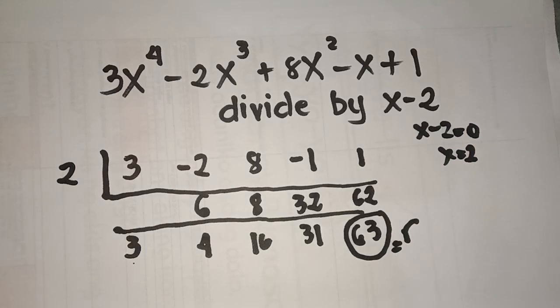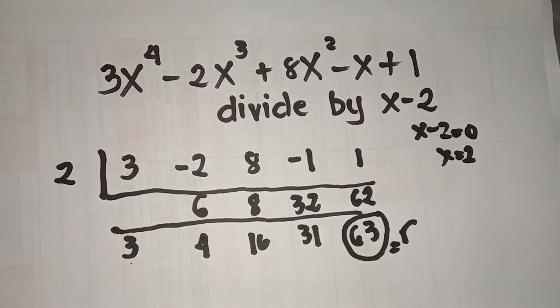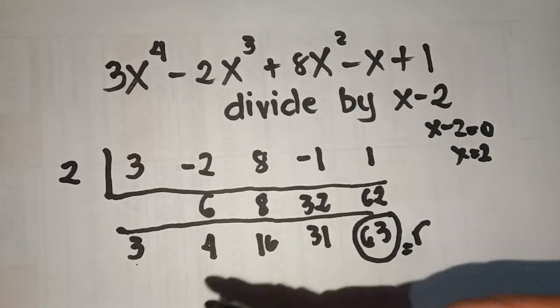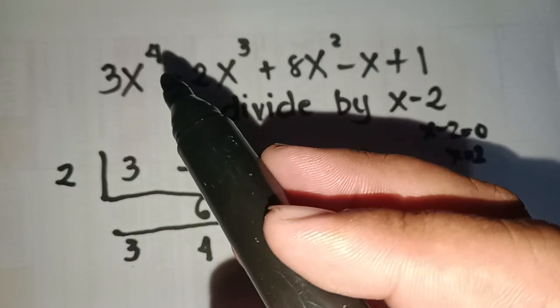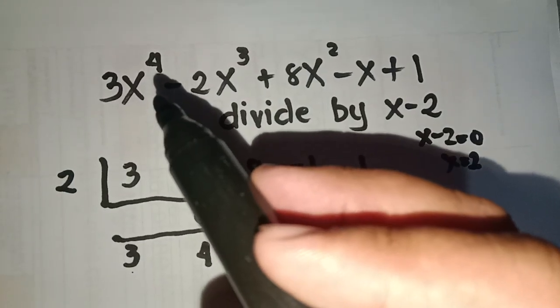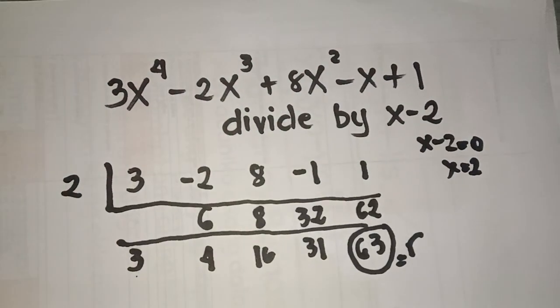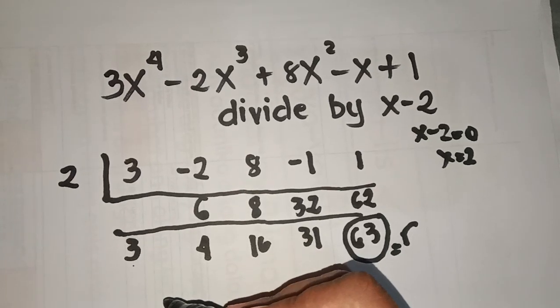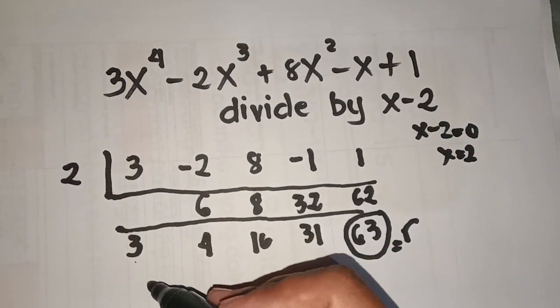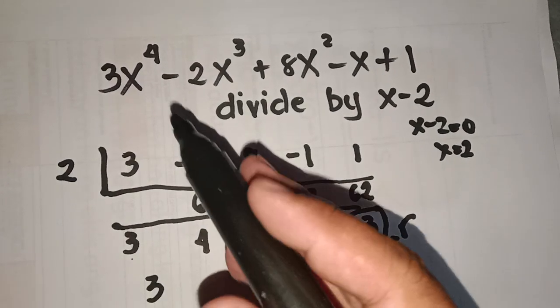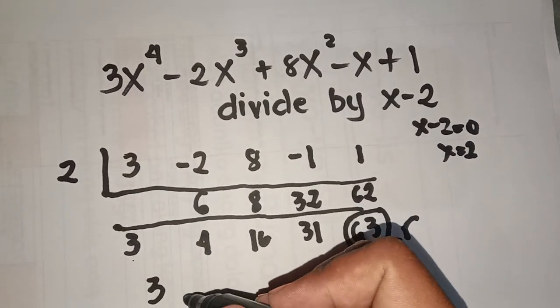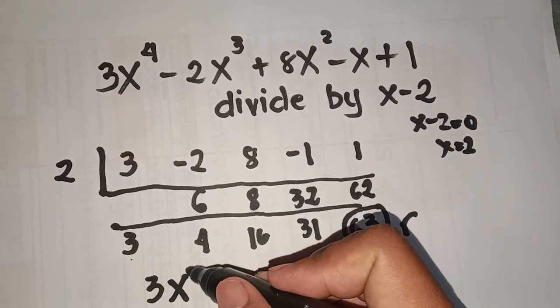So what will be the quotient? Deduct 1 to this degree. Okay, so copy the 3. Deduct 1 to that exponent, so it will become 3x cubed.